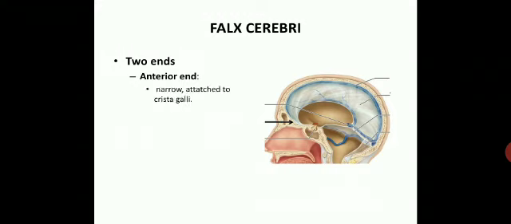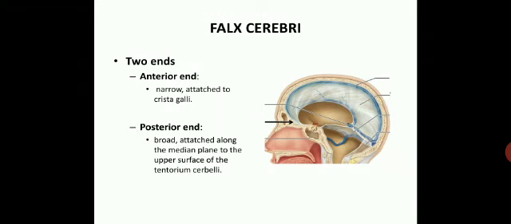The anterior end is narrow and attached to crista galli. The posterior end is broad and it is attached along the median plane to the upper surface of the tentorium cerebelli.